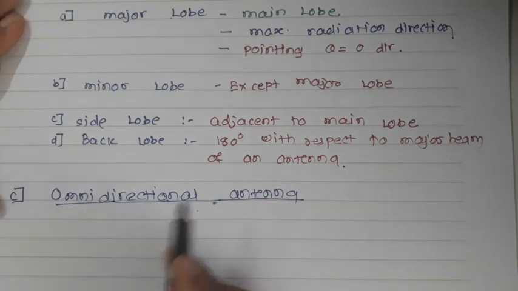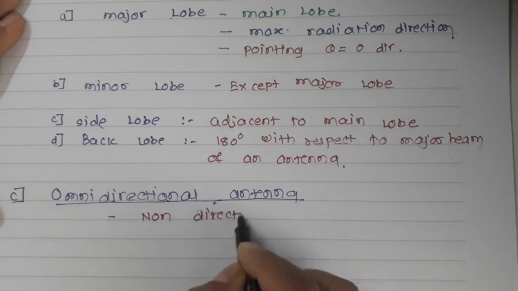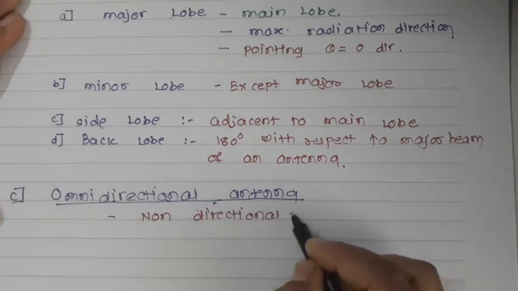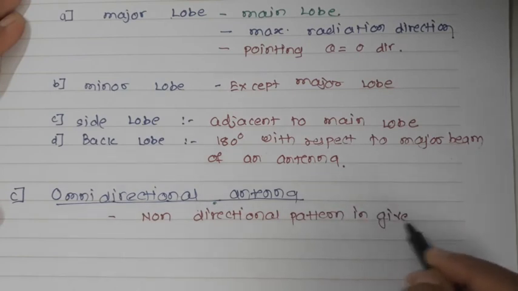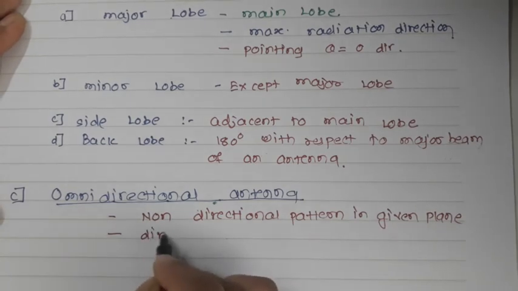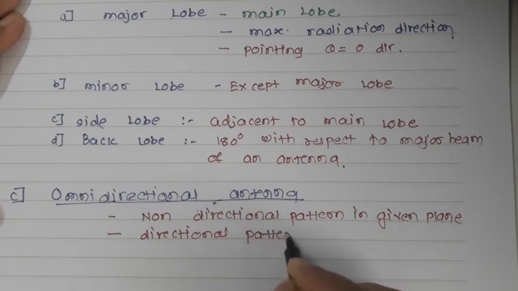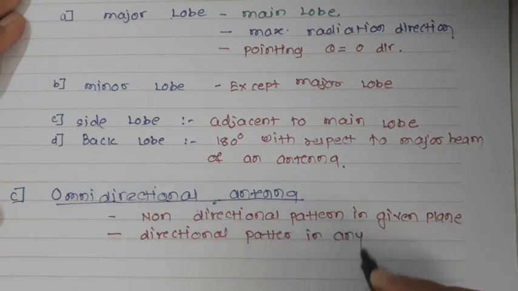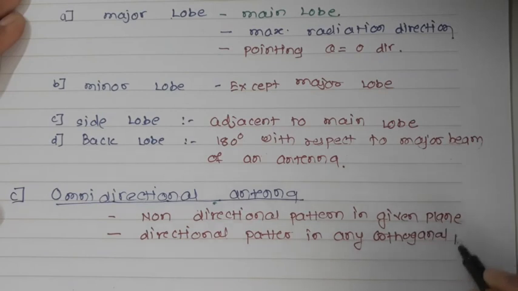So this antenna will have a non-directional pattern in a given plane, and a directional pattern in any orthogonal plane. This is the definition of an omnidirectional antenna.